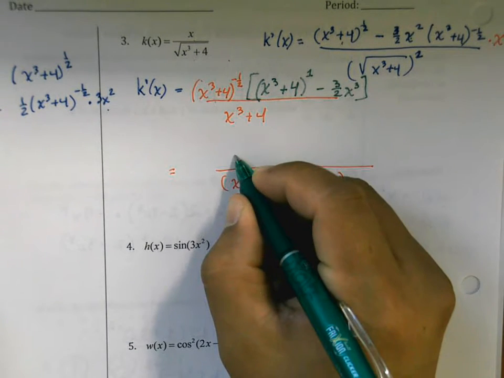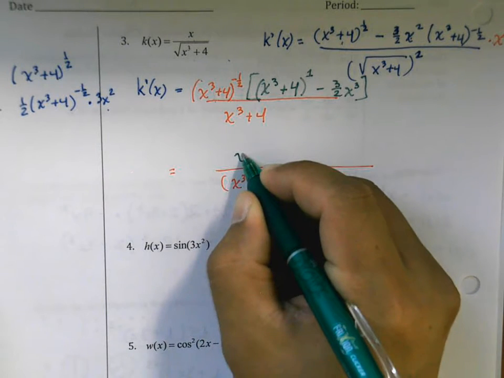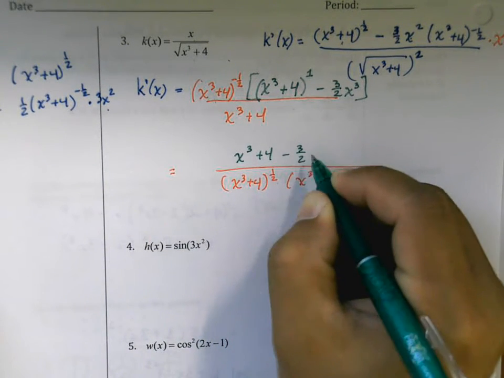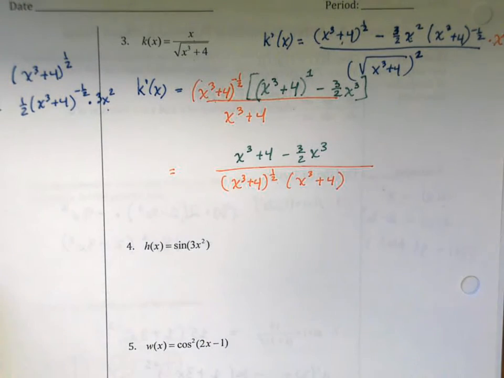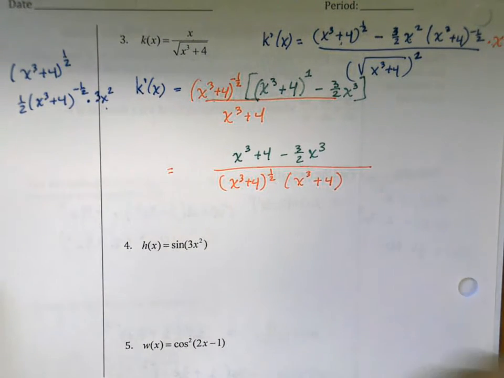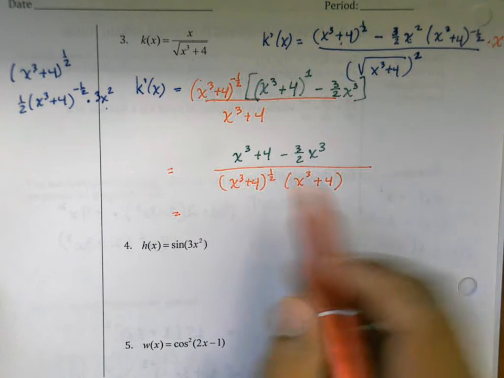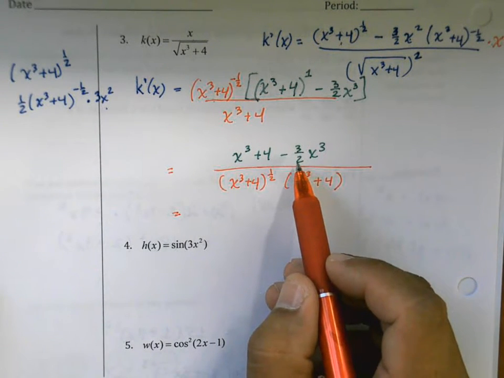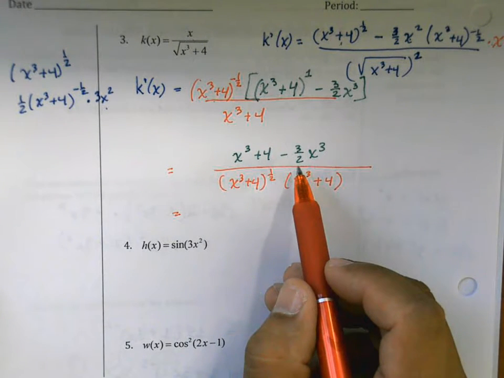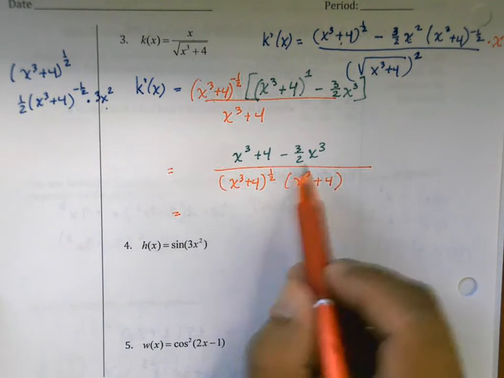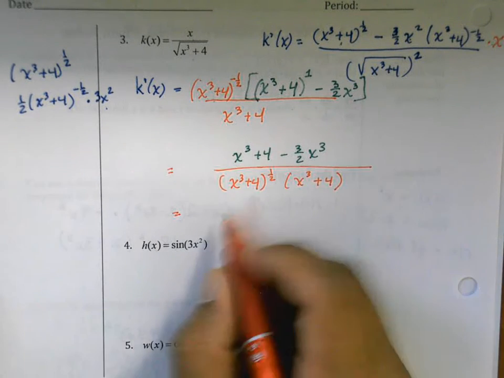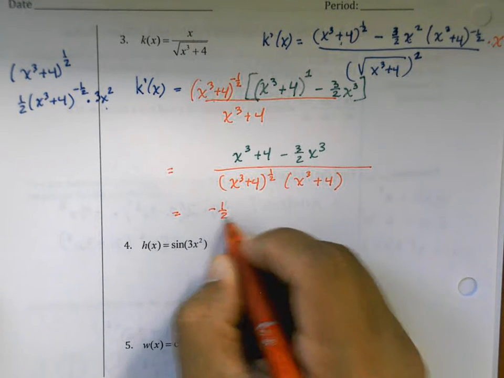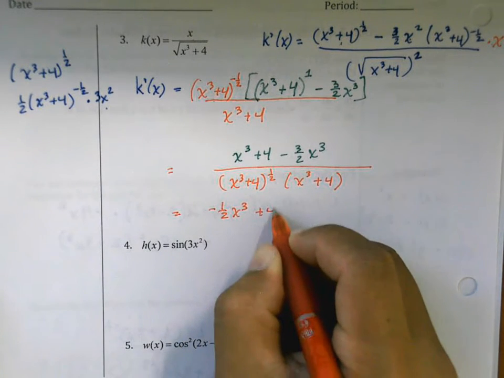In the numerator, this is just x cubed plus 4 minus 3/2 x cubed, and some more simplification can happen. You've got the x cubed and the negative 3/2 x cubed, so that's 1 minus 3/2, which is negative 1/2 x cubed plus 4.